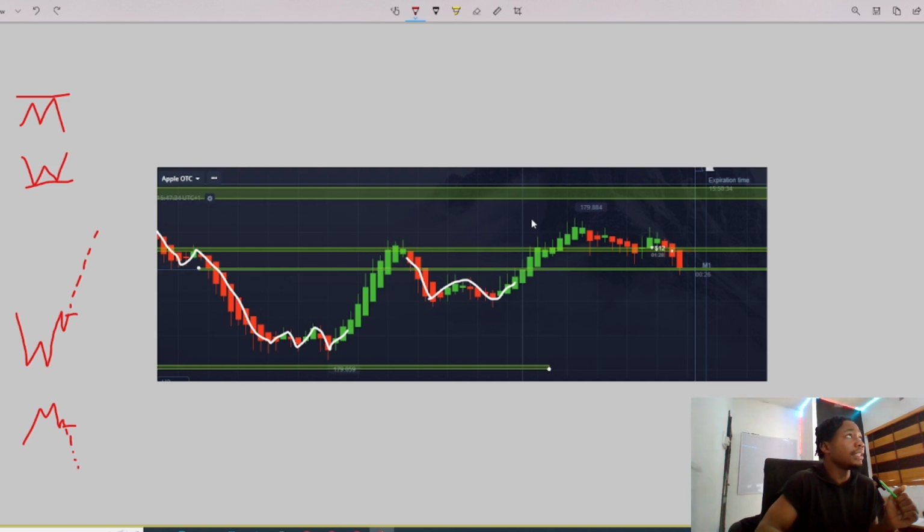So it happened here. Let me identify it. You can see an M, you can see this little M that was formed here, and then I could see a pullback. So this pullback did not cross above this last high.